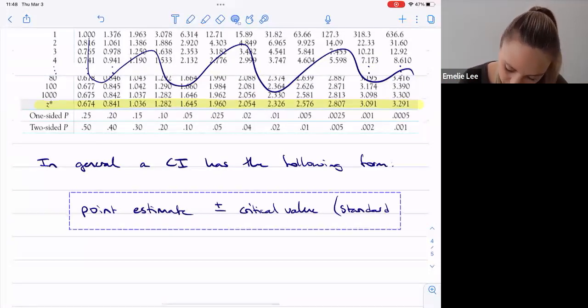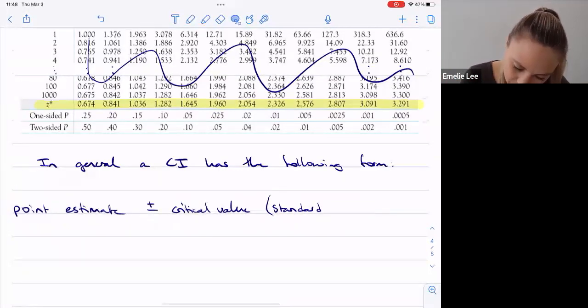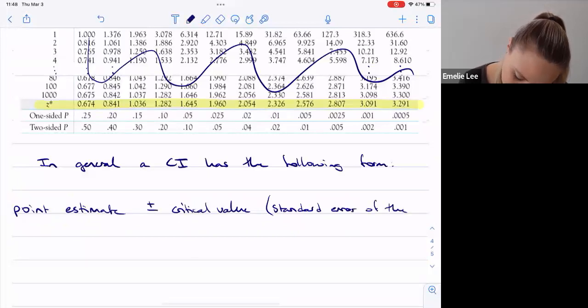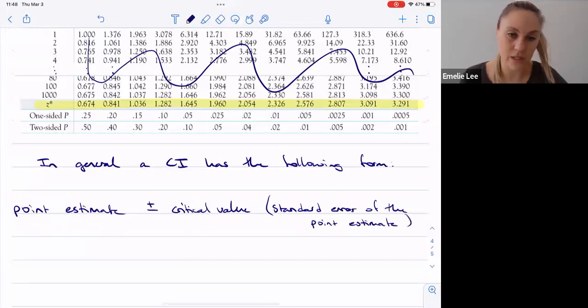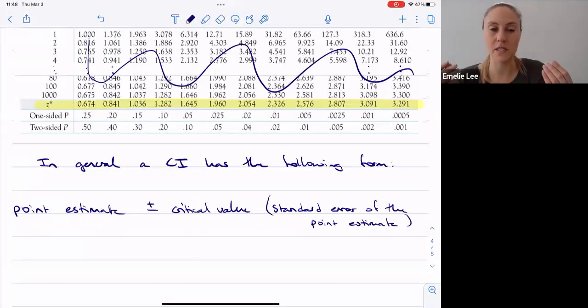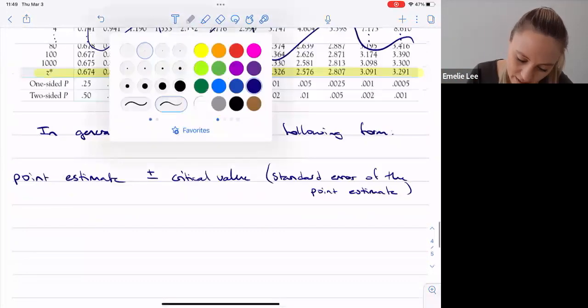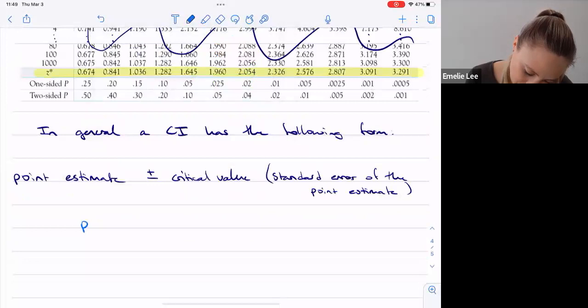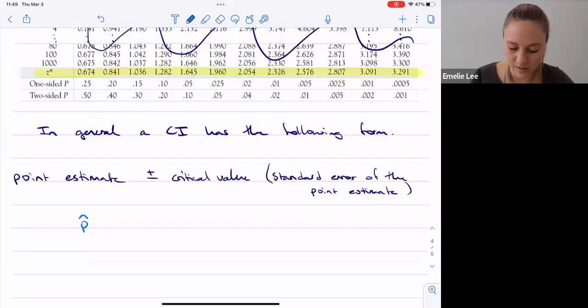Standard error of the point estimate. So each point estimate is going to have some standard error, right? So basically it's standard deviation. So in our case, for one sample proportion, our point estimate is p hat.